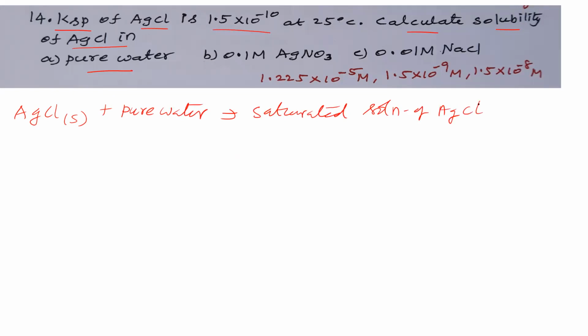What is the equilibrium possible in a saturated solution? On the left side you write silver chloride in solid state. On the right side you write the ions in aqueous solution: Ag plus ions and Cl minus ions.